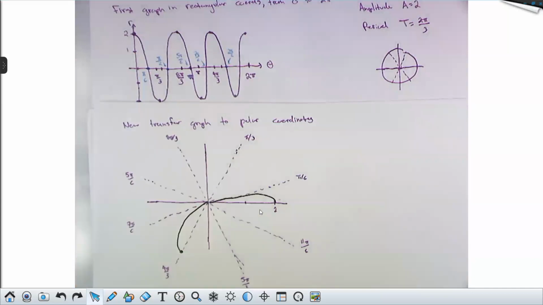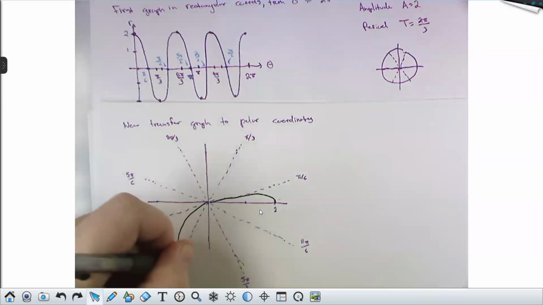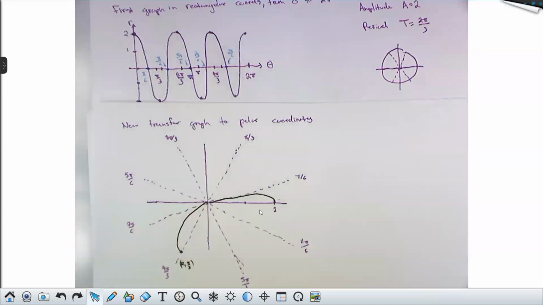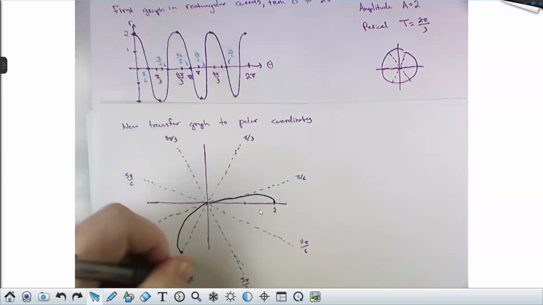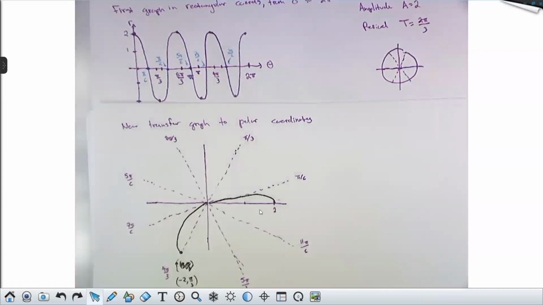It's just negative. So this would be the polar point -2, comma, pi over 3. Let me make that nice and clear. -2, comma, pi over 3. That is this polar point. And my arm continues to rotate around.